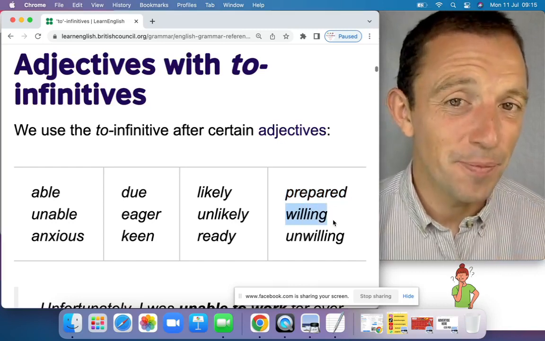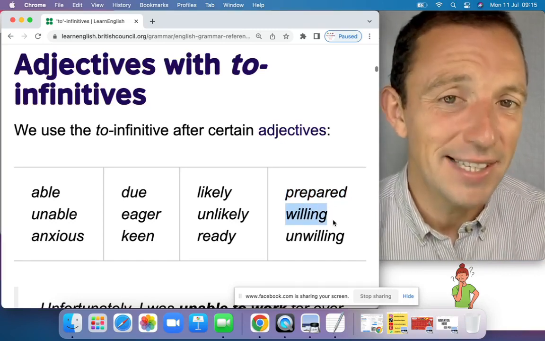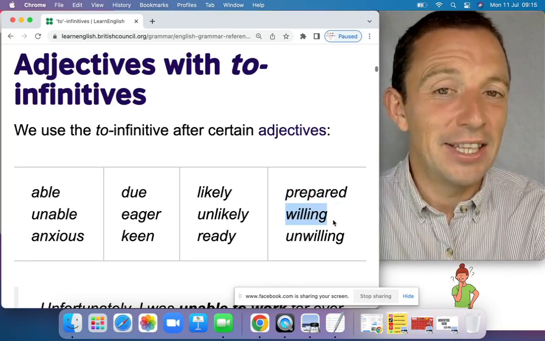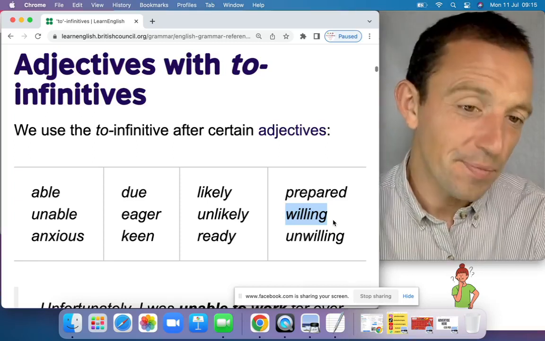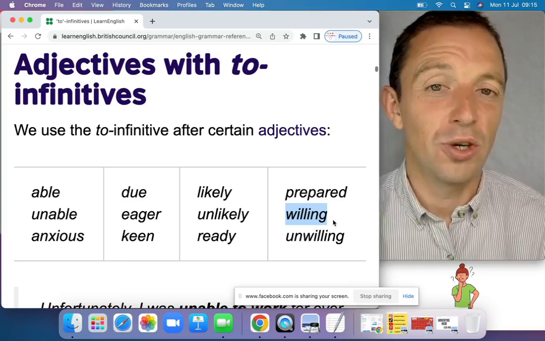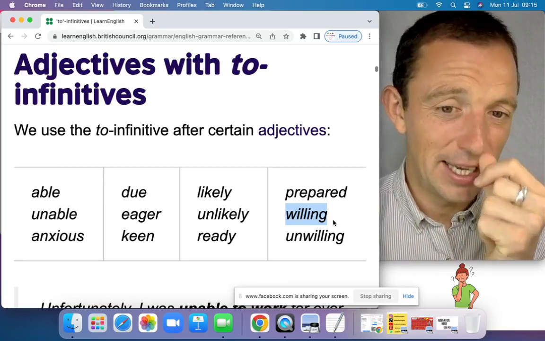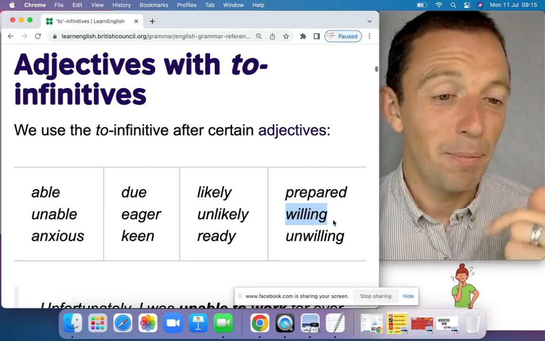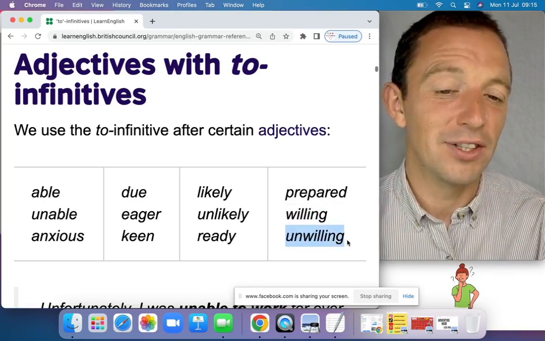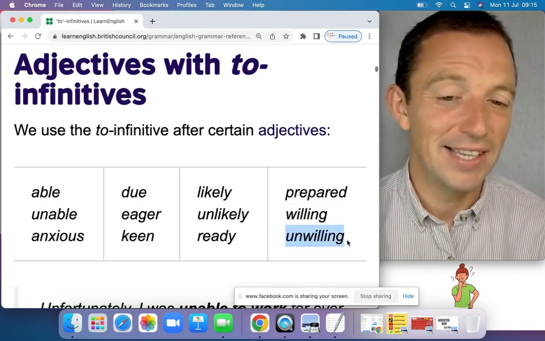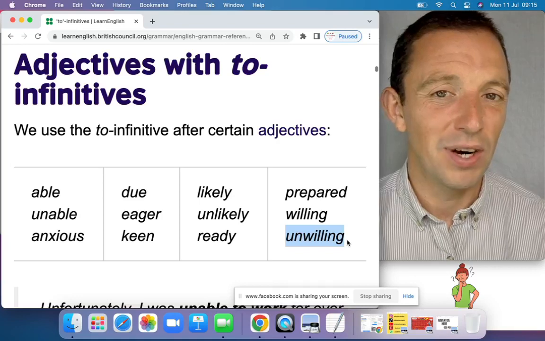Willing is another very important adjective. The significance is content and enthusiastic and happy to do something. So you are willing to work tomorrow. You are happy, you are content to work tomorrow. The opposite is the negative. You are unwilling to work tomorrow. You are not content. You are not happy to work tomorrow.